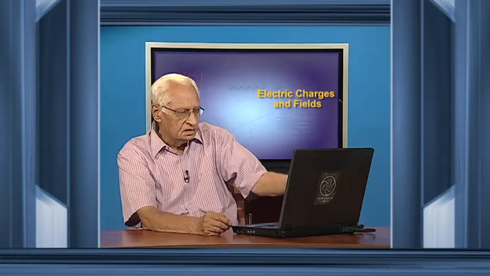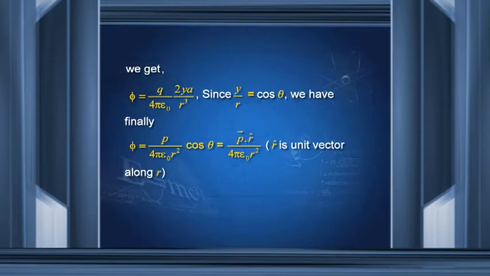Ultimately, the result is phi equal to q by 4 pi epsilon 0 into 2 y a by r cubed, and this y by r is sine of this angle, which is cosine of theta. So, y by r is cosine theta, and we substitute and we get phi equal to p by 4 pi epsilon 0 r squared into cosine theta.